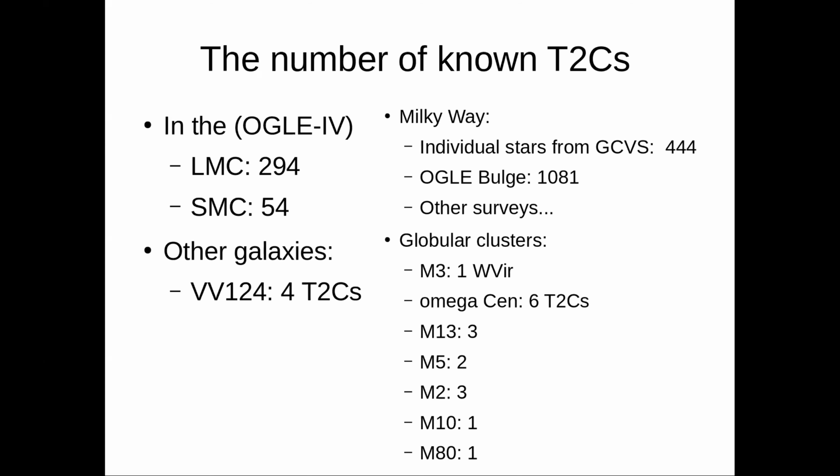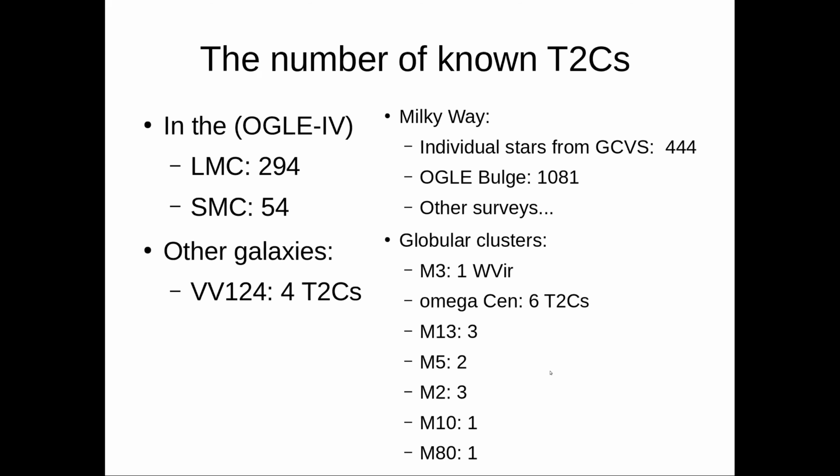But you can also observe type 2 Cepheids in globular clusters, but not many. As you can see in the list here, M3 has 1, Omega Centauri has 6, M13 has 3, M5 2, M2 3, M10 1, and M80 1. Observing them in globular clusters is not as trivial as it sounds, because it takes a lot of time.